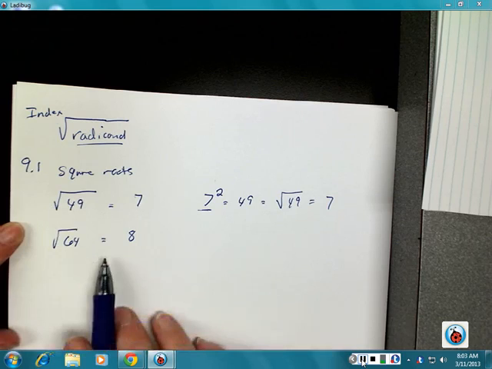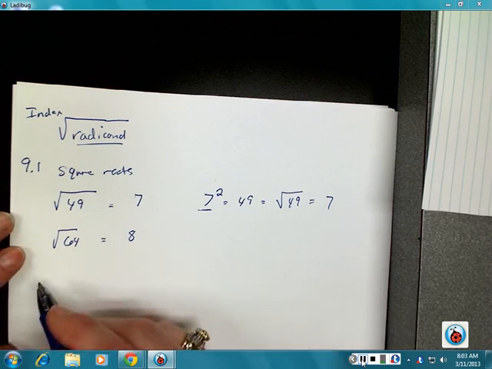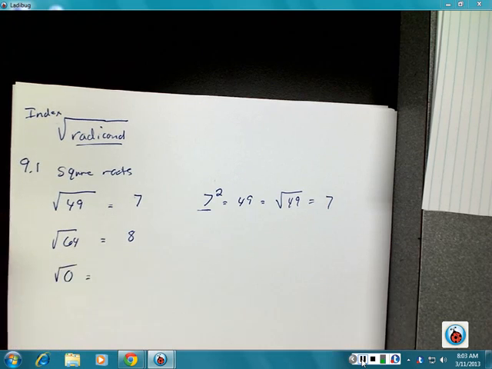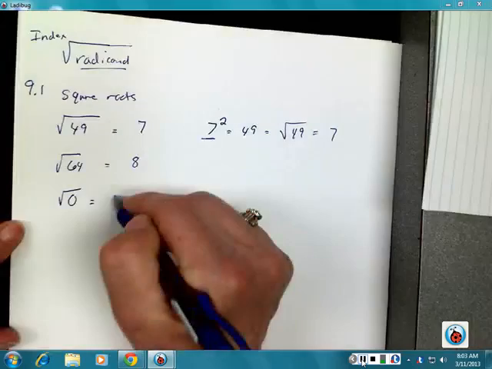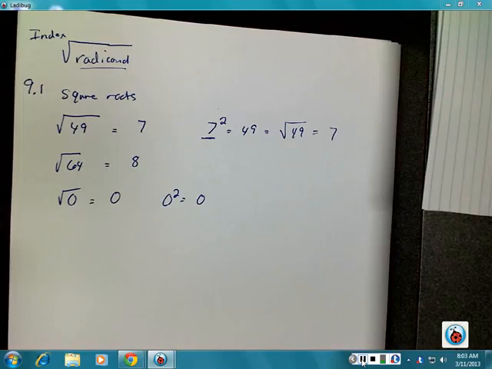And what happens with the square root of 0? What's the square root of 0? The square root of 0 is good old 0, because 0 squared does equal 0.